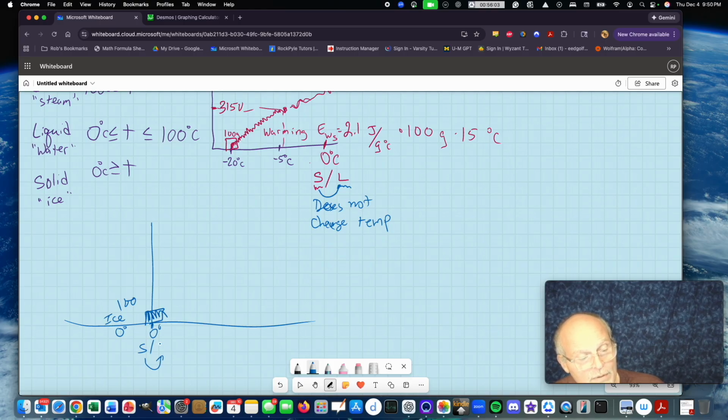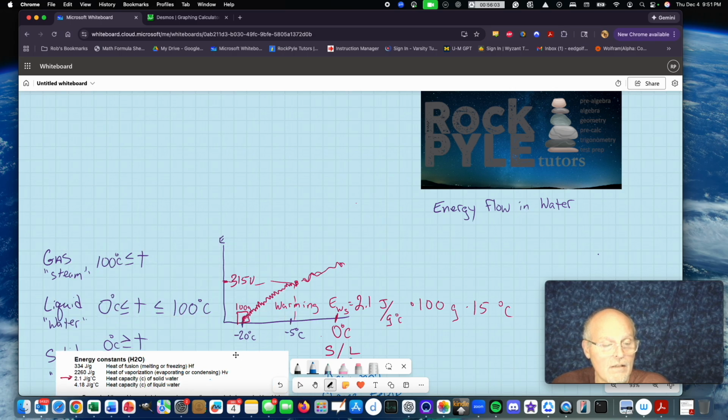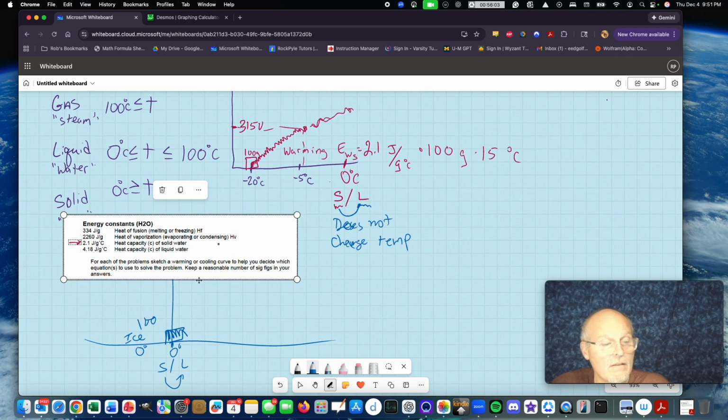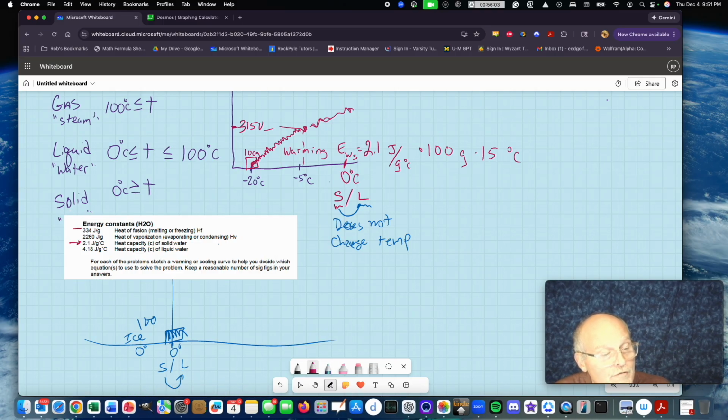To get it to a liquid, I need to put in energy, which is called fusion. So without changing temperature, I'm going to put in some energy. Now, you normally think of fusion as things coming together as a solid, but it works both ways. So fusion is the same energy to go from liquid to ice as it is to go from ice to liquid, just positive or negative.